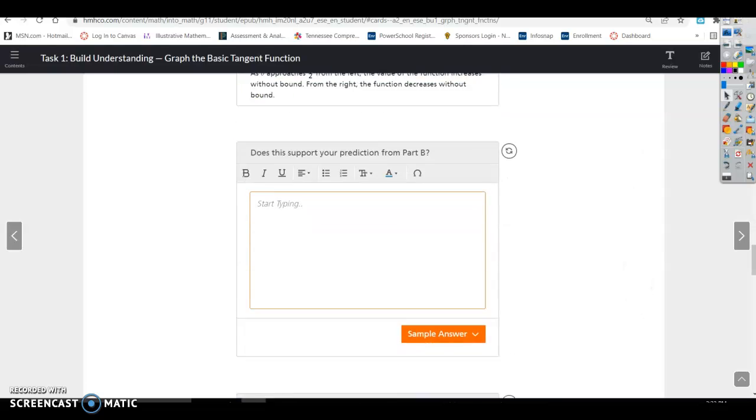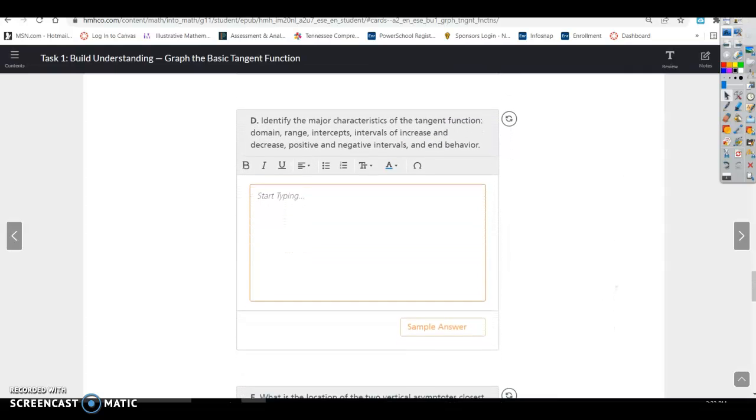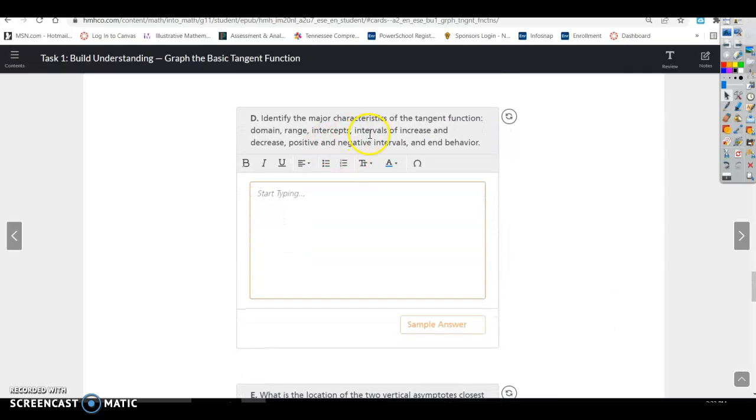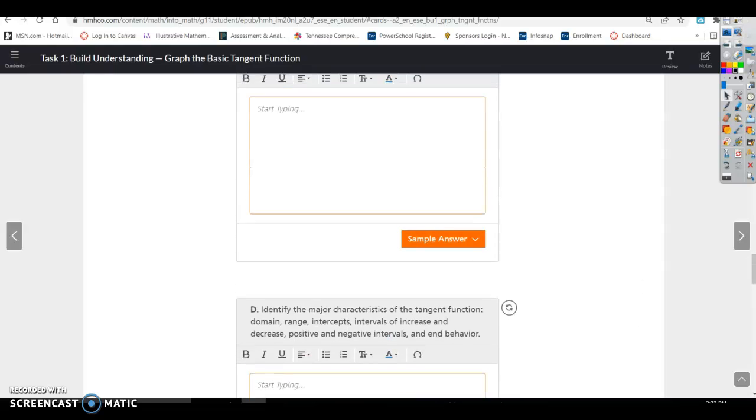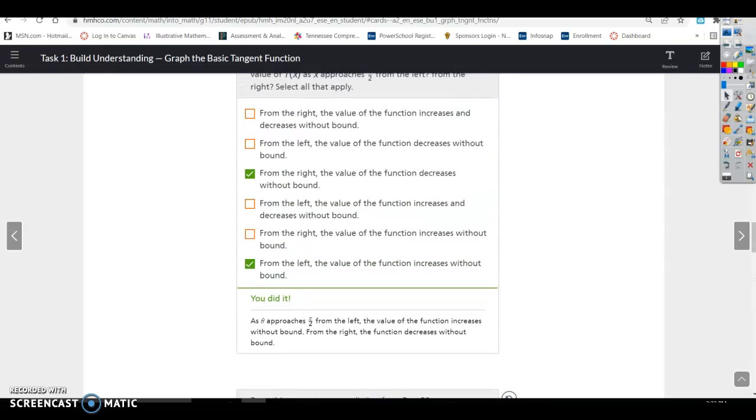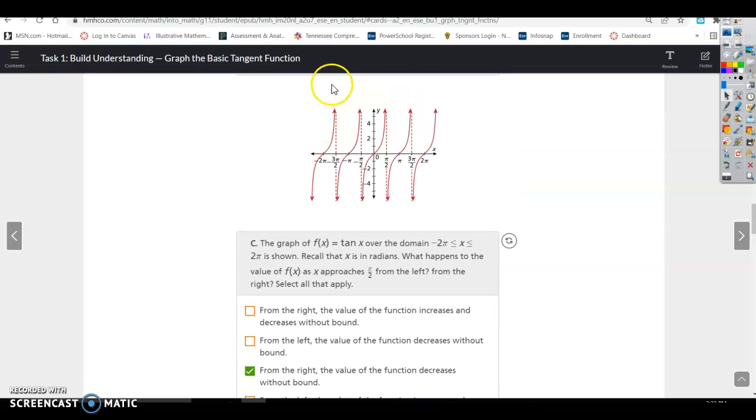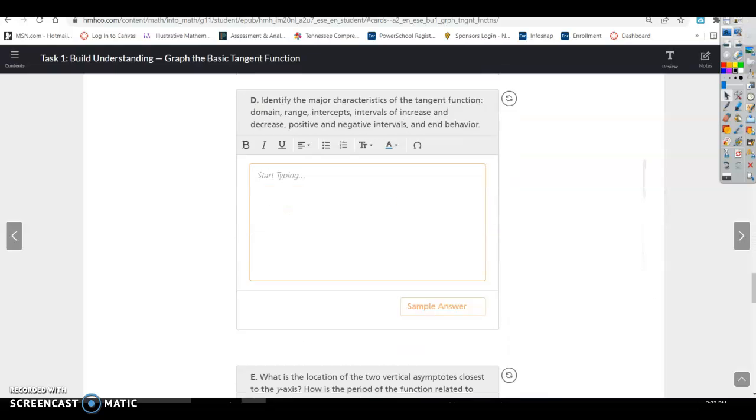So it does cross once at 0, 0. All right, increasing and decreasing, we looked at that. So it's increasing everywhere if you read it from left to right. And positive and negative. So the positive intervals would be everything above the y-axis, and negatives would be everything below. And then the end behavior is definitely increasing without bound as it approaches each of these asymptotes.